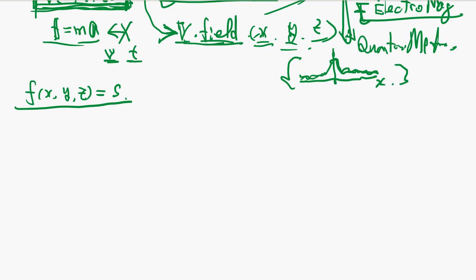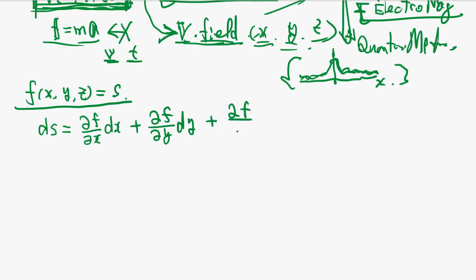How do you differentiate the multivariable? dS is going to be df/dx dx plus df/dy dy plus df/dz dz. Do you remember?